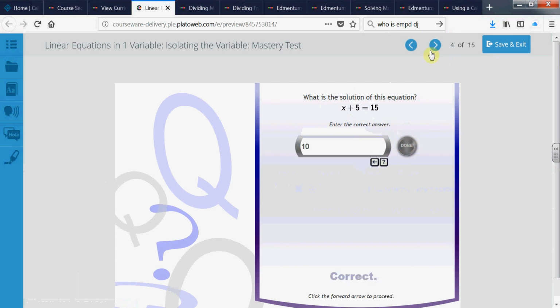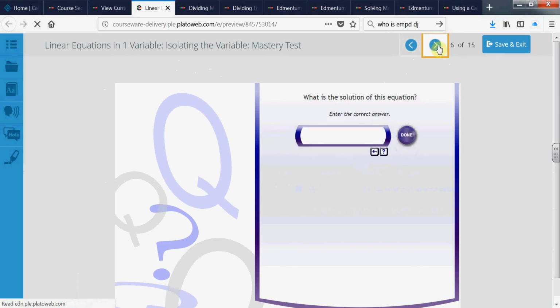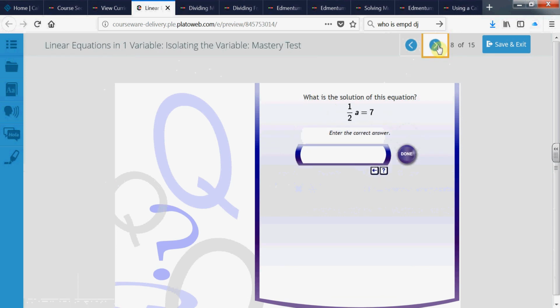So problems should not be that difficult. Something like 1 over 2 times a is equal to 7. So what times a half equals 7? You multiply both sides by 2, and you get a equals 7 times 2, which is 14. That simply means 14 times a half is 7.